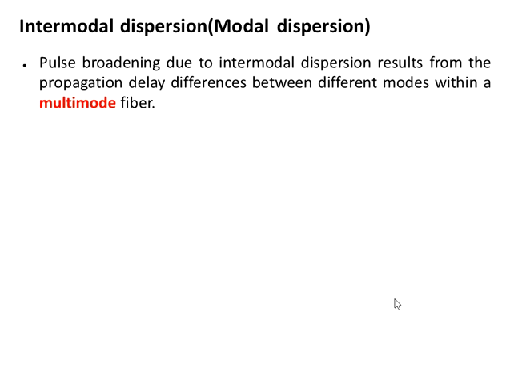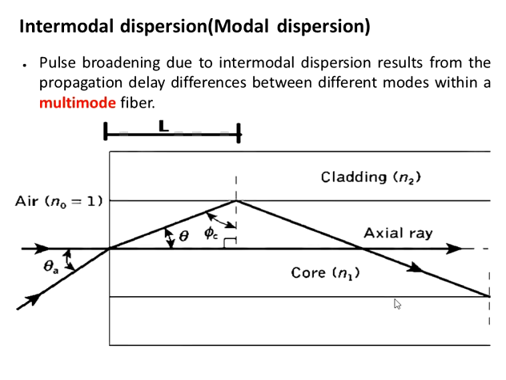So let us consider the fiber core. Two rays are shown in the figure. The first one is an axial ray which travels along the axis of the fiber. Let us consider up to length L. Then the ray which is traveling along the axis of the fiber has to travel the minimum distance.